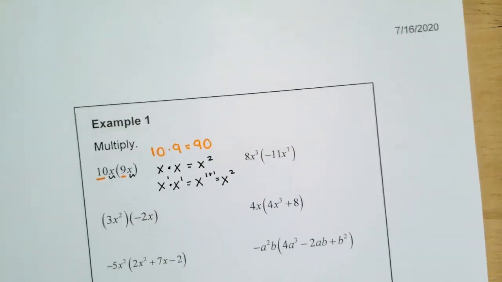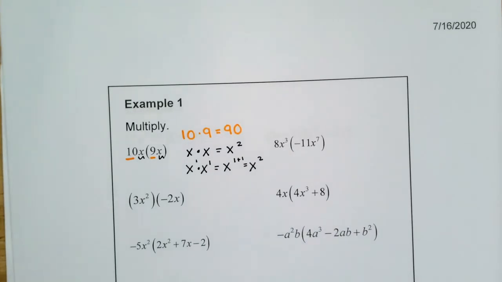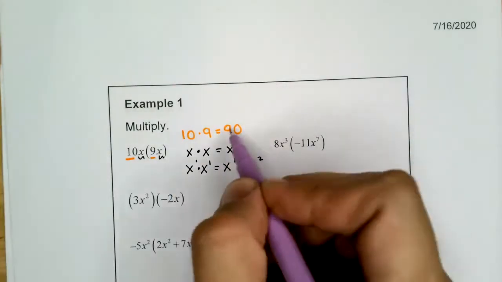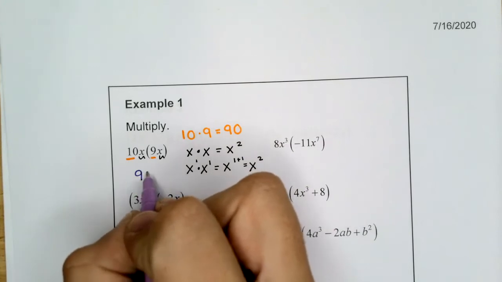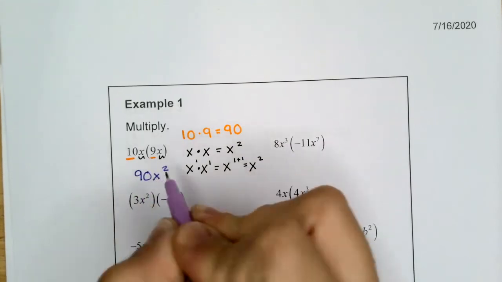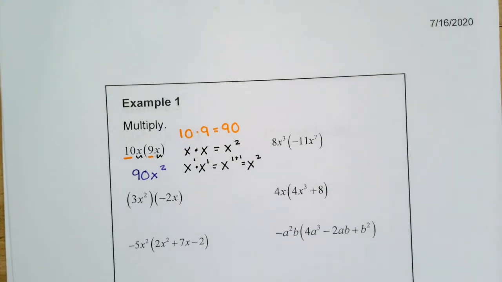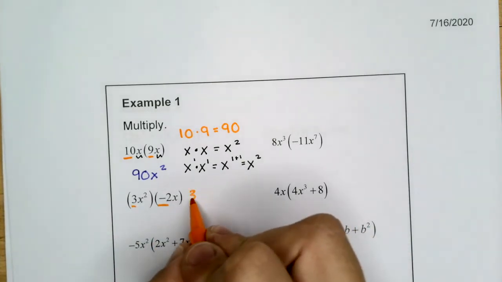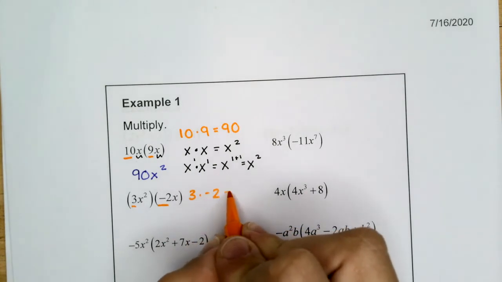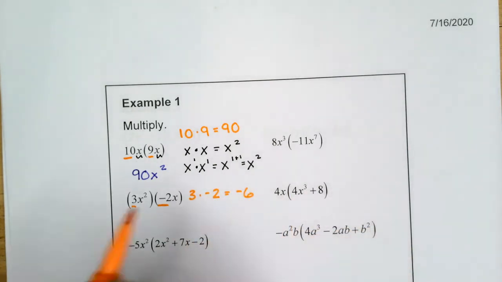So our final answer is both of those together: 90x squared. Now, the next one, our like terms are 3 and -2. Always bring the sign. So 3 times -2 is -6.